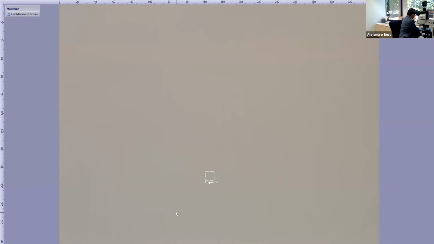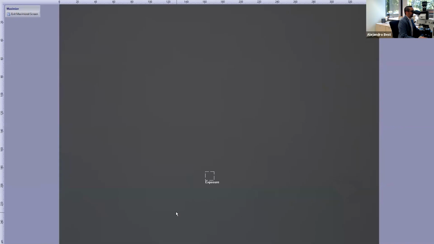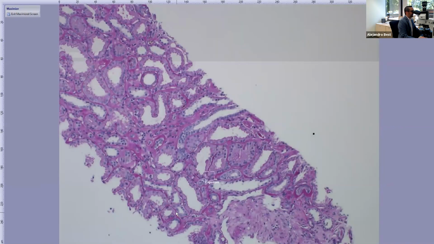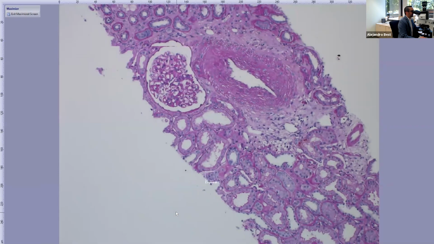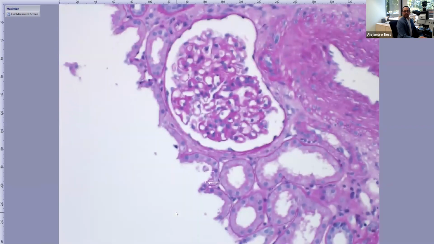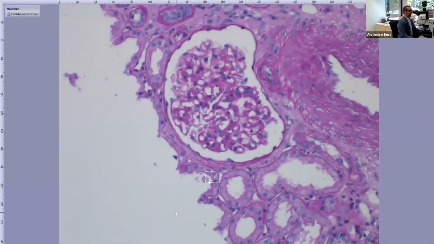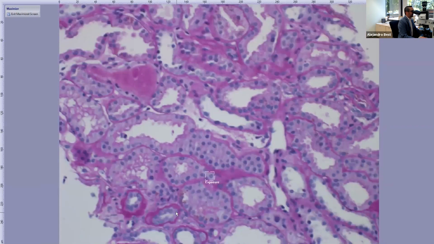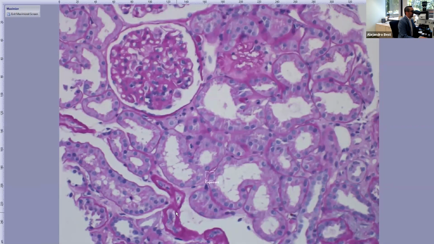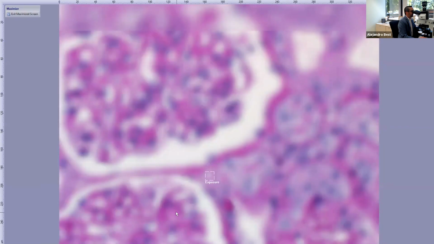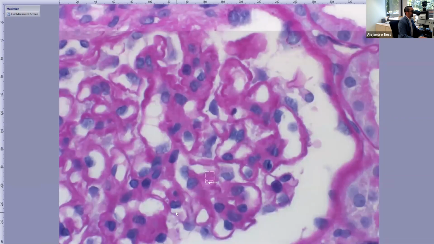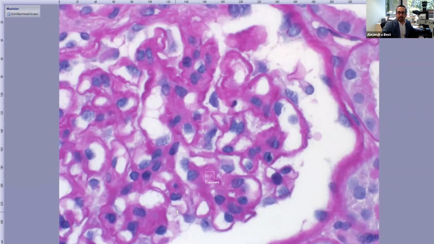But let me show you this other one. It becomes a little bit more interesting because this is a much milder variant of the disease. Here, we're not really appreciating the endocapillary hypercellularity. This is clearly not an MPGN pattern. But if you go up to higher power, you see that the capillary loops are not normal.